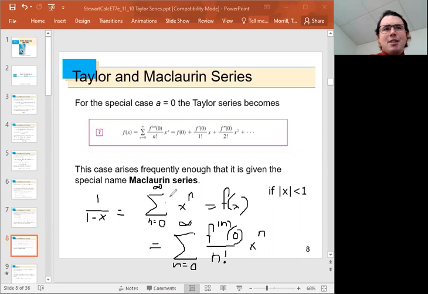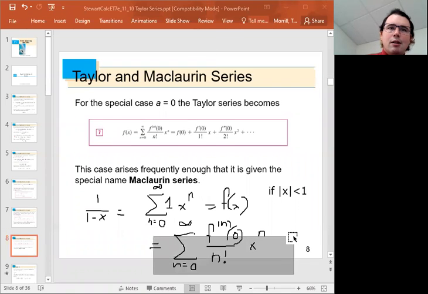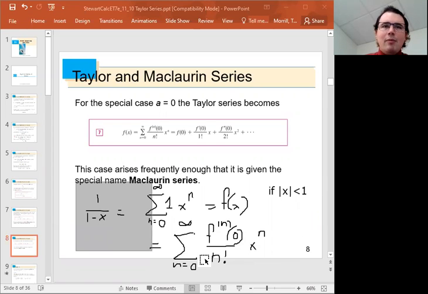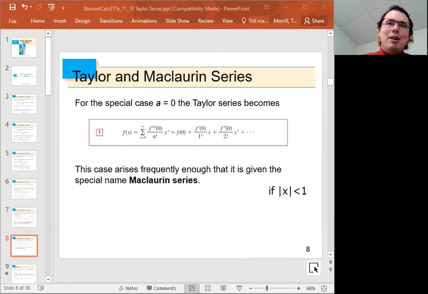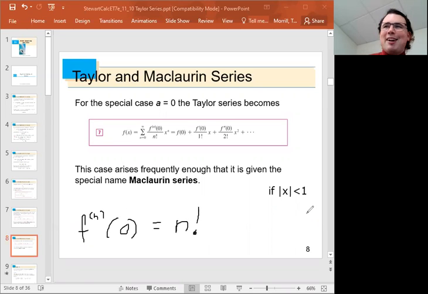I know that all the coefficients in this power series are just 1. What new information does that tell me? Well, if those things need to be equal to each other, then it must be, I'm a little short on room here, it must be that the nth derivative of my function evaluated at 0 is equal to n factorial.